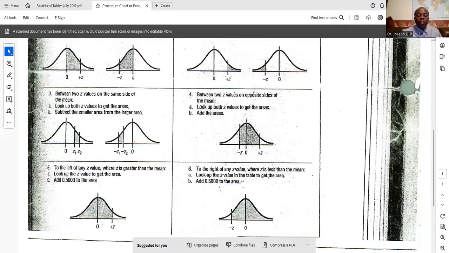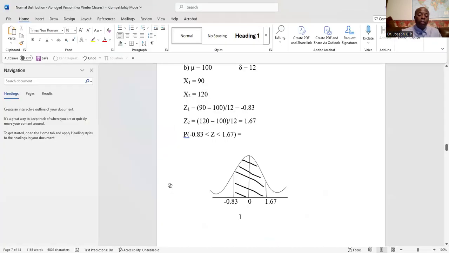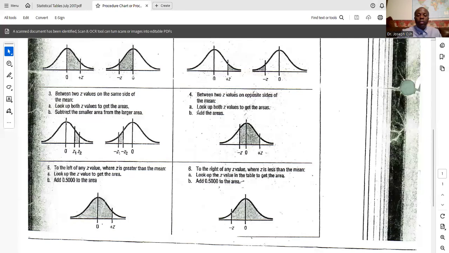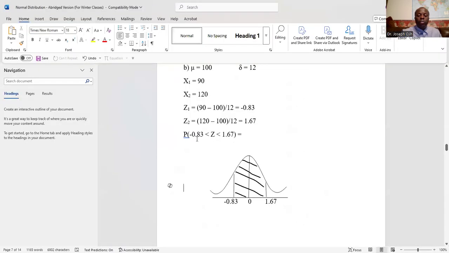This chart in number 4, and what did it say? Look at the z-value to get the areas. So having found that, let's find the z-value for negative 0.83. For that, we look at the table.